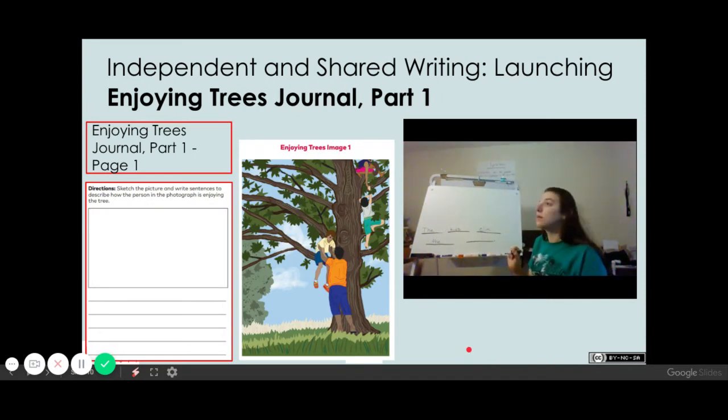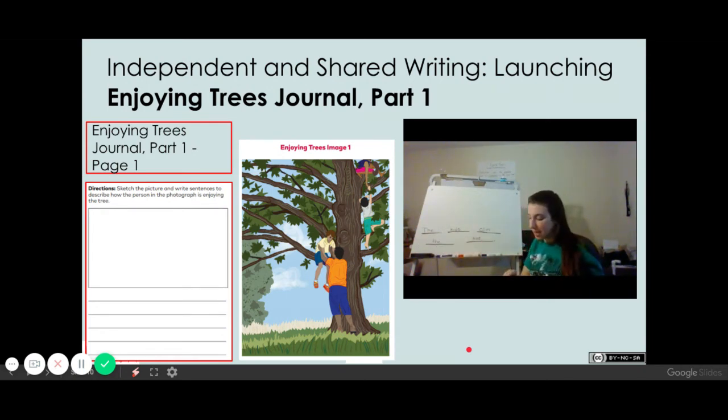Tree. We have used the word tree a lot. So I remember how to spell T-R-E, tree. And I know that tree has 2 E's. Tree. The kids climb the tree.